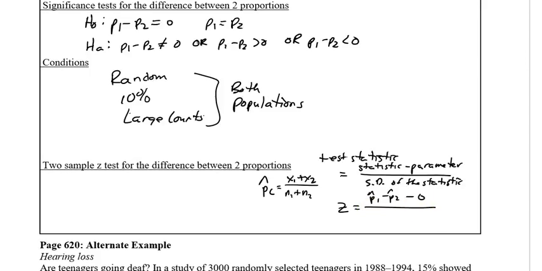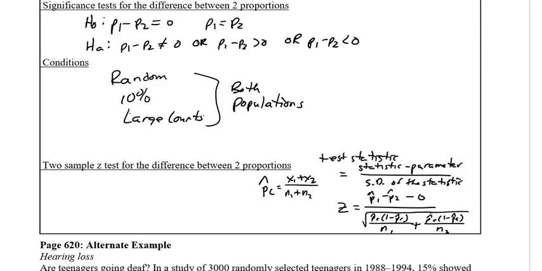And then divided by the square root of p hat c times 1 minus p hat c, divided by n1, plus p hat c times 1 minus p hat c, divided by n2. Now, I would suggest that since we have the technology, we use it. There's a lot of chances to make calculation errors when you try to do this by hand.